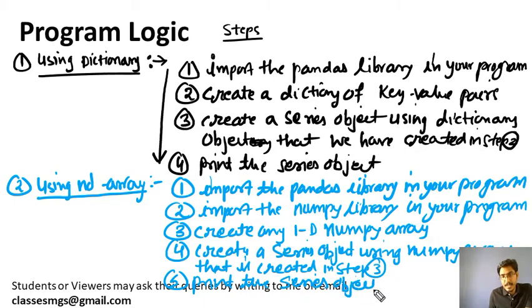These are basically the steps we will follow, and I am going to write the Python program in the next slides. We will discuss how to write the Python code using these steps. Okay, so let's notice in the next slide.